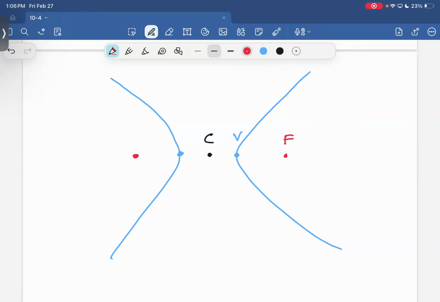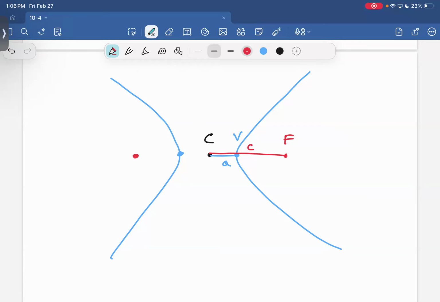So A, B, and C are defined as such. A is the distance between the center and the vertex, just like for an ellipse. And for the center to the focus, we have C, just like for an ellipse. So the variables are named in the same way.